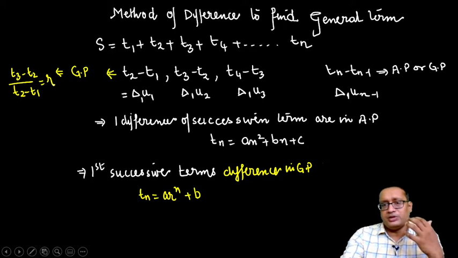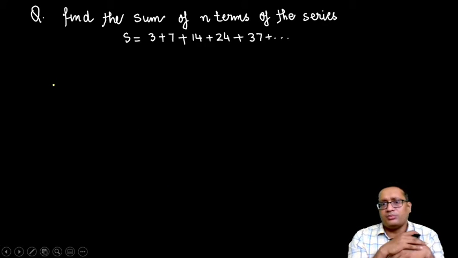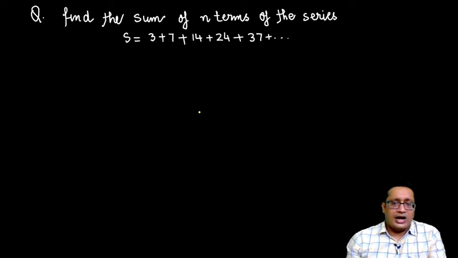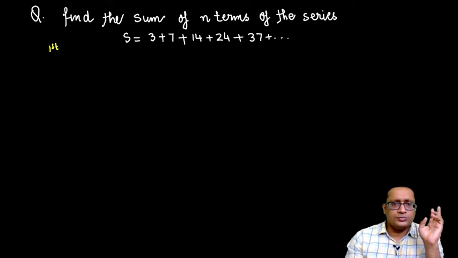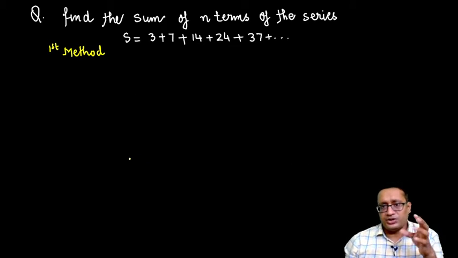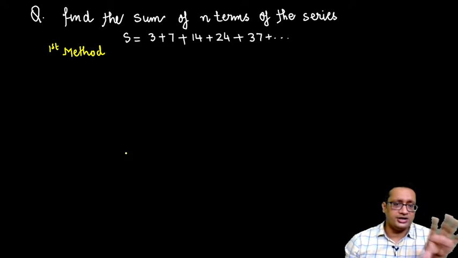Let's take some examples and make it clear. Find the sum of n terms of the series S is equal to 3 plus 7 plus 14 plus 24 plus 37. I will use the first method which I have mentioned: if the consecutive term differences are in AP, consider the nth term accordingly, or if GP, consider the nth term accordingly.